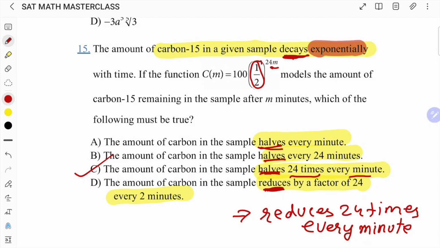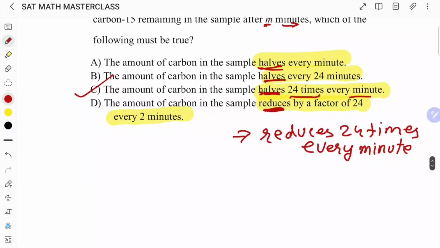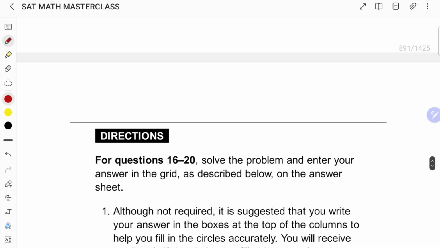It's written as half, because 1 by 2 is half. 24 into m, and we know that m is minutes. So it reduces 24 times a minute. This is a pretty simple question. You don't need to think much about it, because everything else does not make sense. Let's move on to the next question.